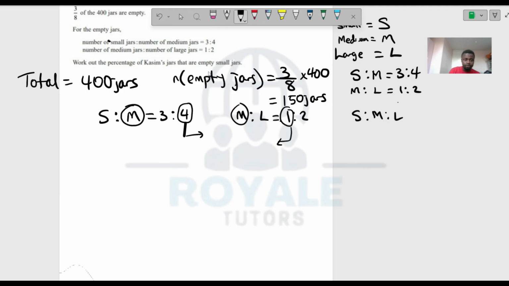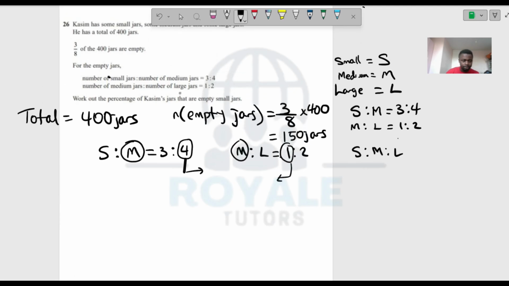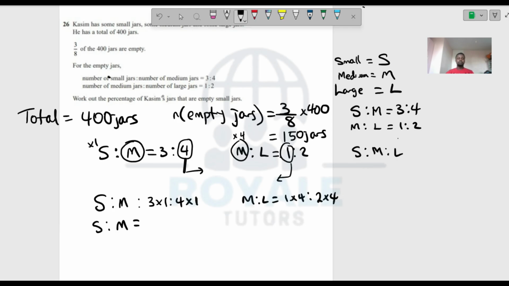That means you're going to have S to M, you are multiplying this by 1, and you are multiplying this by 4. So this will be 3 times 1, 4 times 1. Then this will be 1 times 4, 2 times 4. So after you do this, you have 3 ratio 4, and then you have 4 ratio 8.